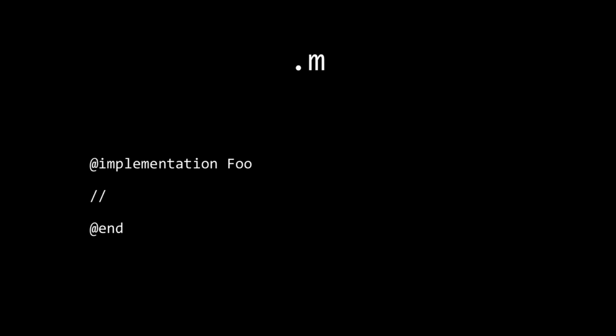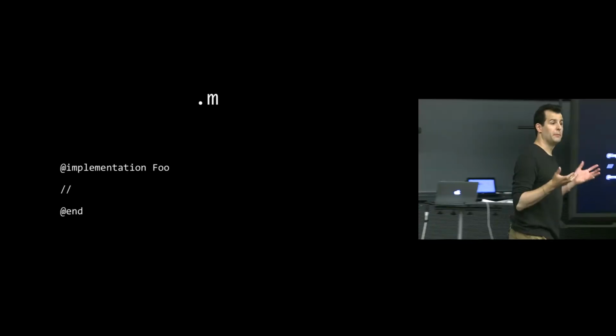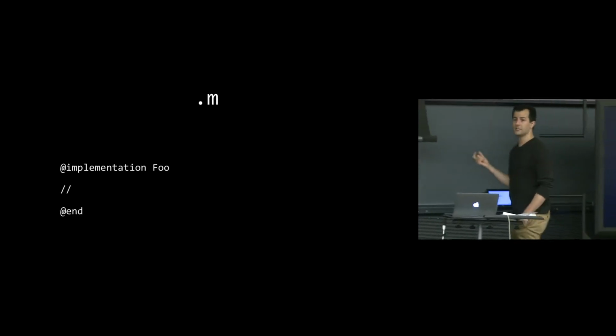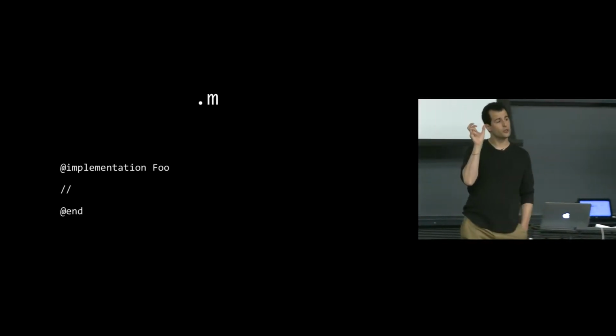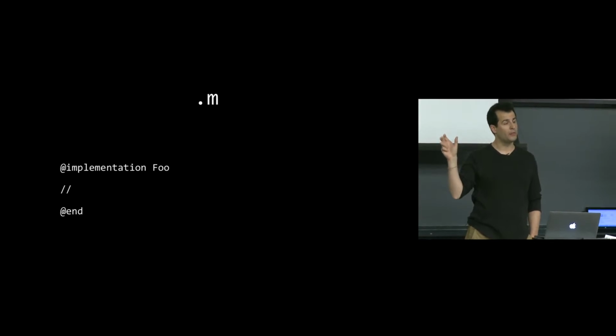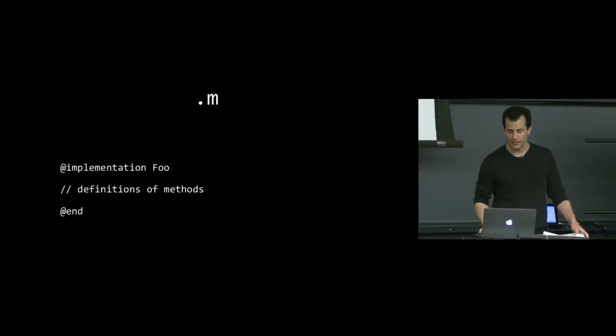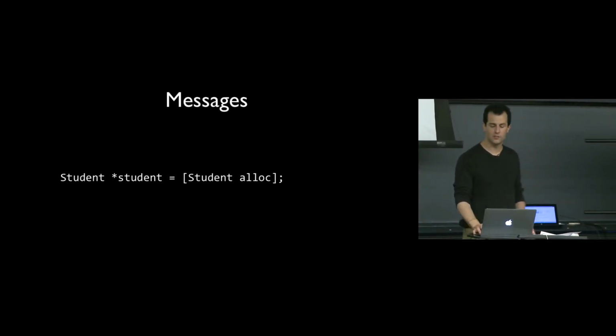What goes where that comment symbol is? The definitions or the implementations of those methods. So you typically begin by copying and pasting the declaration or the signature of your methods from the .h file, but then you proceed to open a curly brace, implement it, and then close a curly brace. And we'll certainly do that tonight as well. So there go our definitions of methods.